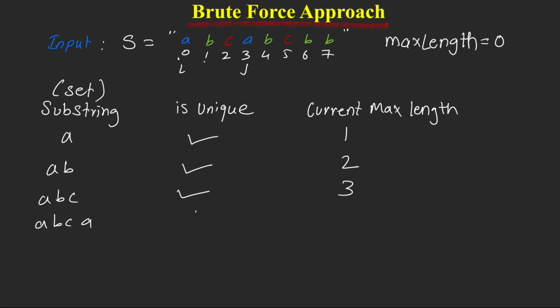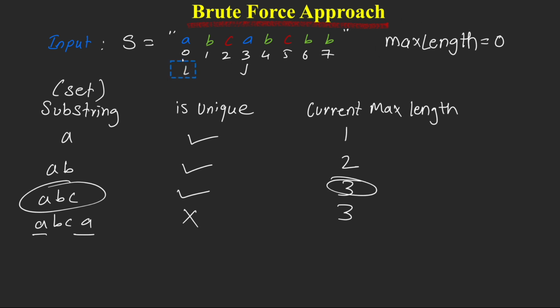Is ABCA unique? No, because A is repeated. Current max length remains 3. If a duplicate is found, break the inner loop. No need to check longer substrings from the same start. In the first iteration, the longest non-repeating substring is ABC with length 3. Let's check the remaining substrings.